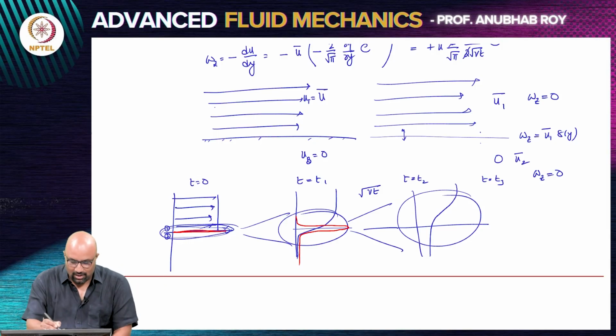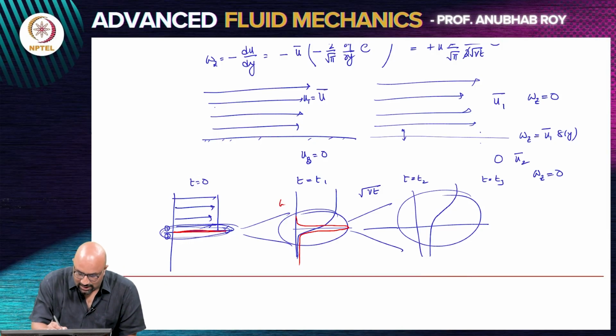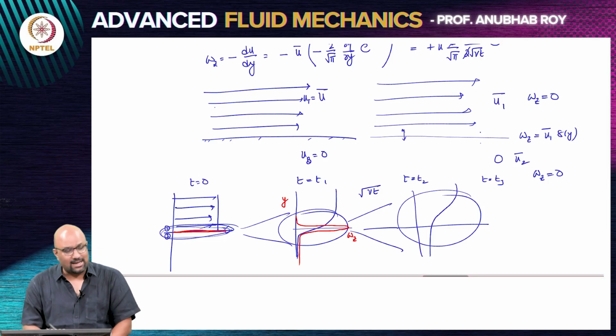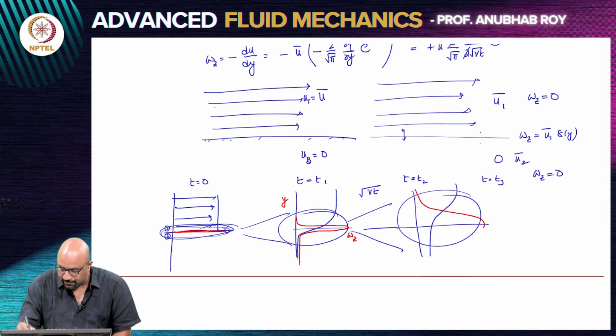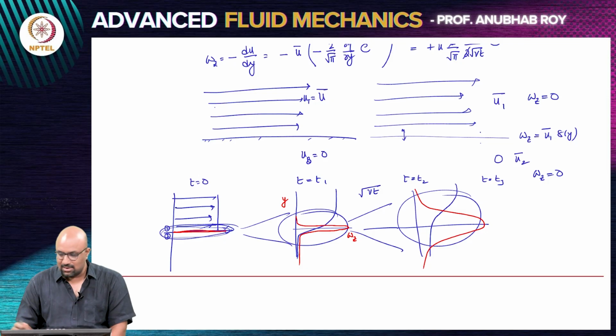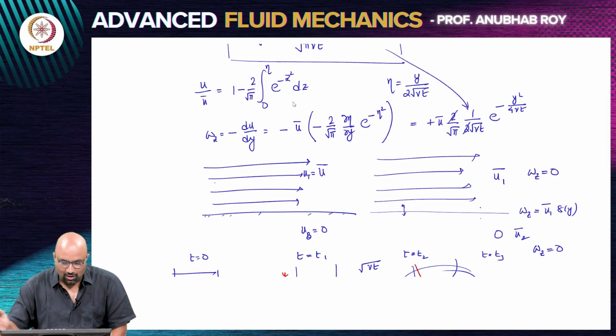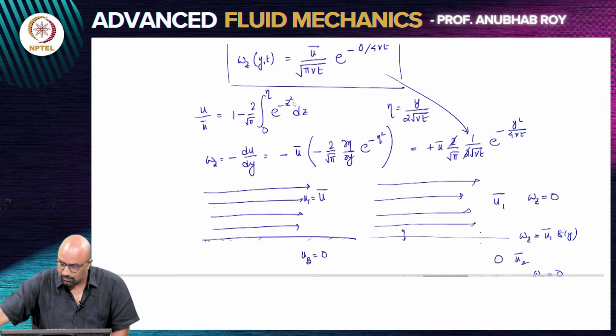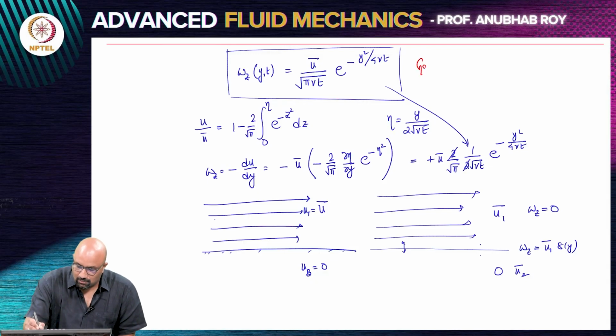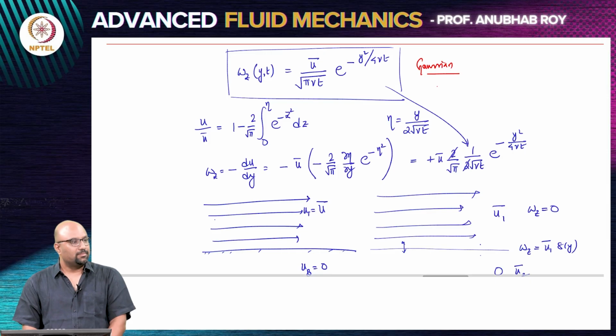So what I have drawn here on the red one is basically omega z, this is the y axis and the x axis is omega z. So gradually it is going to spread. And this is the functional form that you have here, which gives you a Gaussian function.